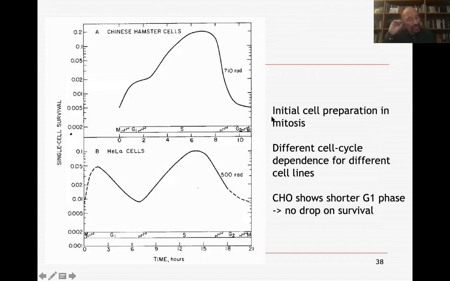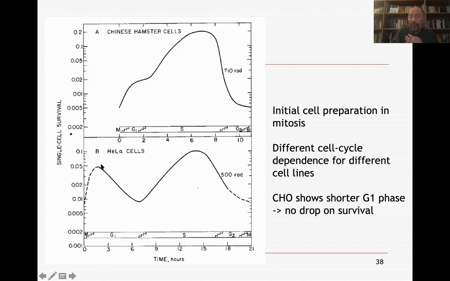You see, this is again another experiment, and this is in Chinese hamster cells, V79, that have a very short G1, you see here. So this is M, G1, S, where you get radioresistance, and then G2M. And this is instead in HeLa cells that have a longer G1.